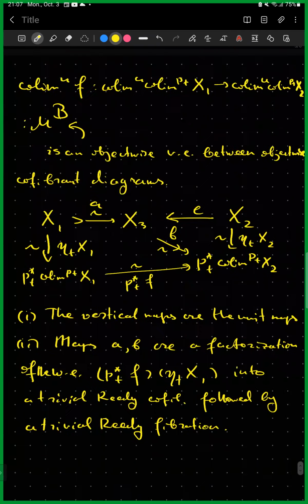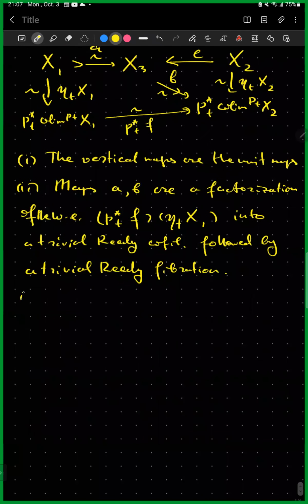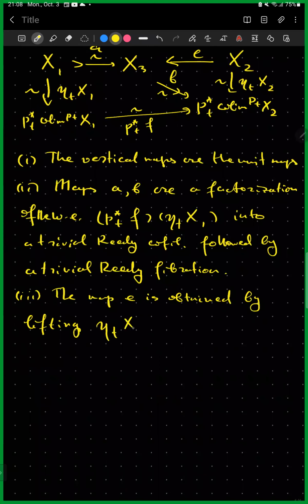And finally, the map E is obtained by lifting the T X2 along B.